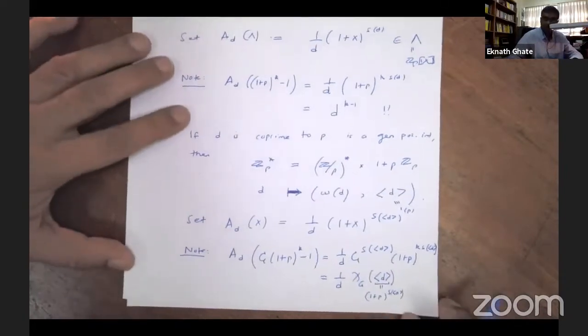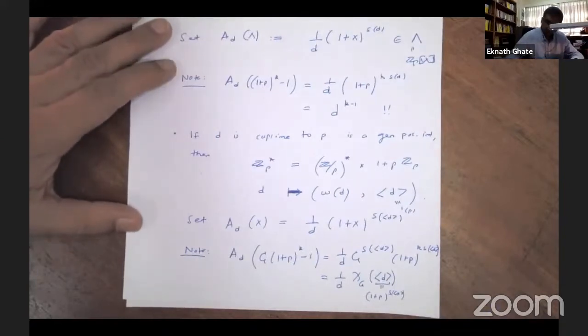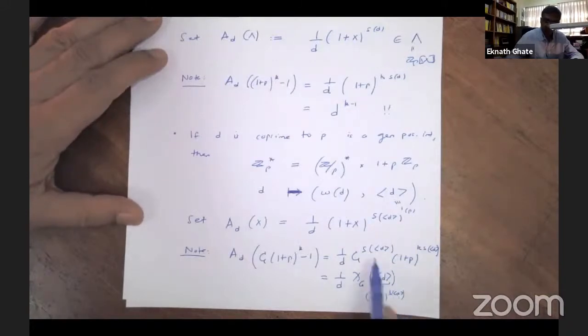I hope you understood that little computation there. I'll say it one more time. Diamond d is 1 plus p to the s of diamond d, because you can write any p-adic integer congruent to 1 mod p as a power of 1 plus p, and the power is s of diamond d by definition of s. And then chi zeta of 1 plus p was just zeta by definition of chi zeta. So 1 plus p to some power goes to zeta to that power.